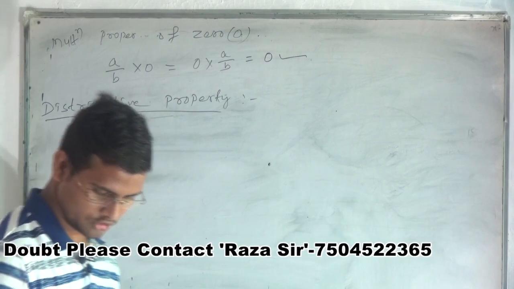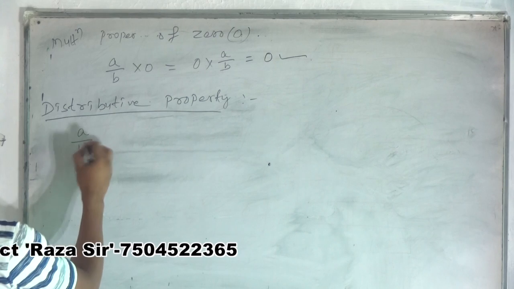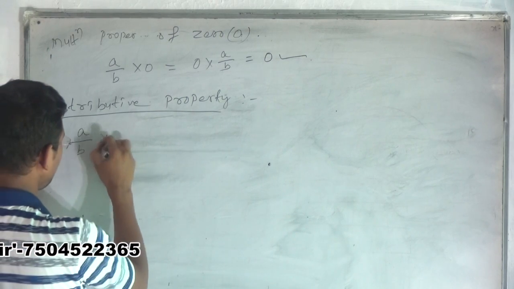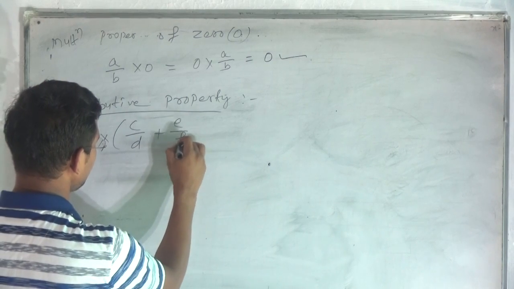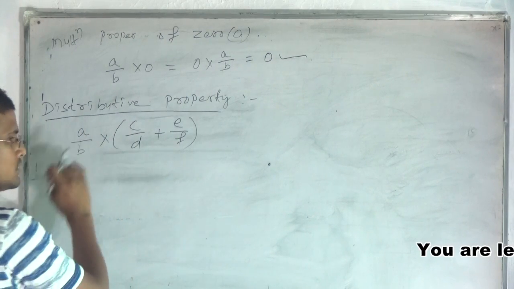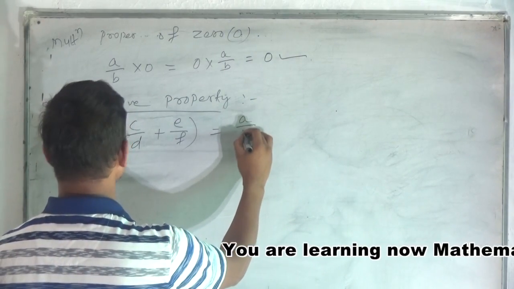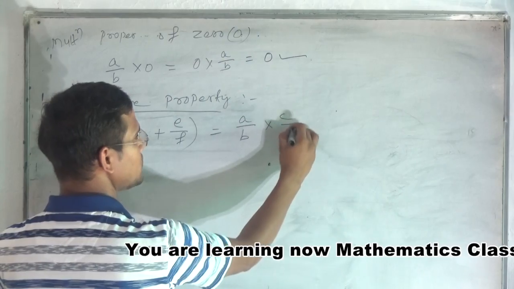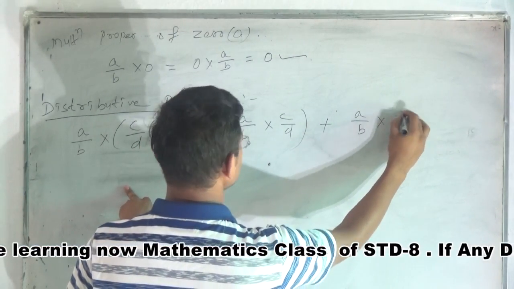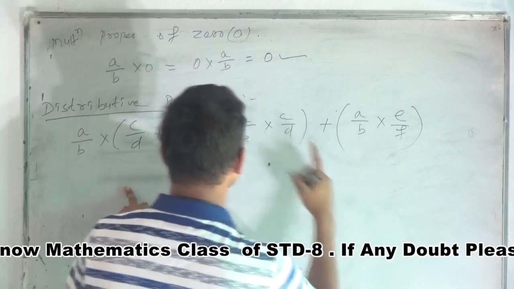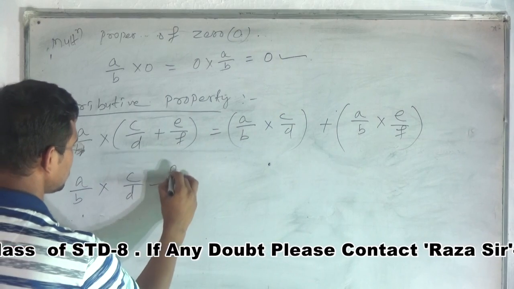If we take three rational numbers, A by B into C by D plus E by F, the addition of two rational numbers multiplied with A by B, is equal to distributing: A by B into C by D plus A by B into E by F. Another thing, you can subtract it.